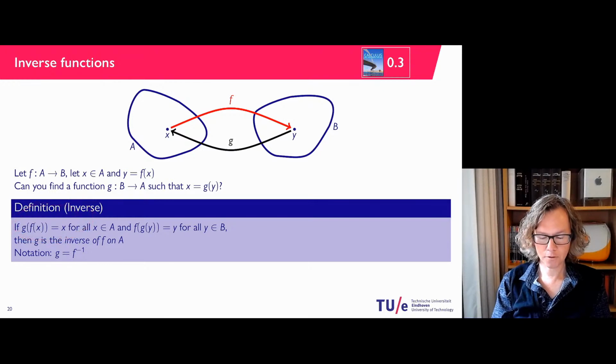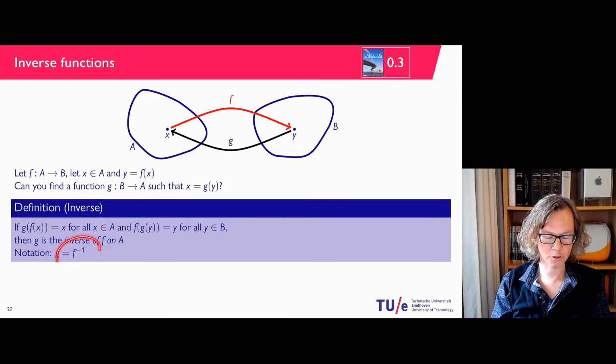So if you can do that, and also the other way around, so you could start at y, use g to get here, and then use f to come back where you came from. So f of g of y equals y. Then we call g the inverse of f.